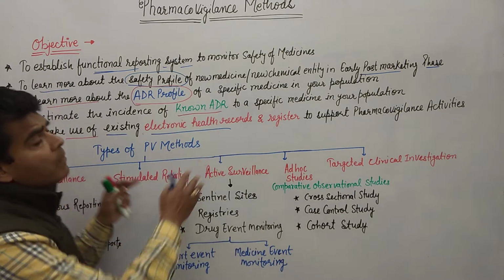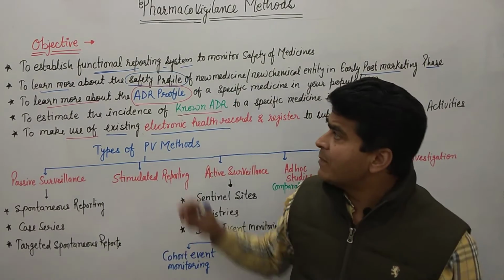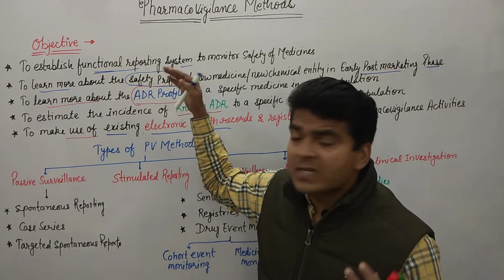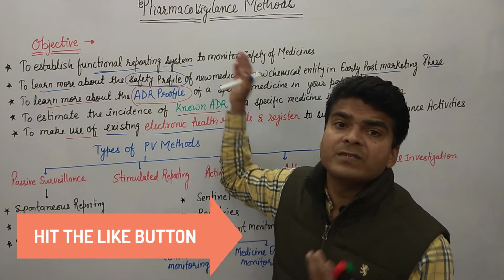So this is all about the objectives. You must learn these objectives. Whenever the question is asked in the university examination, you can just write these objectives of pharmacovigilance methods.